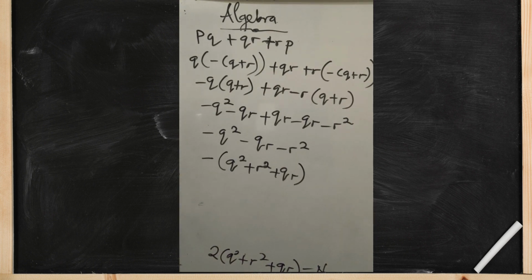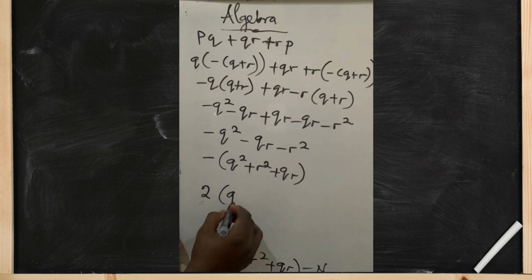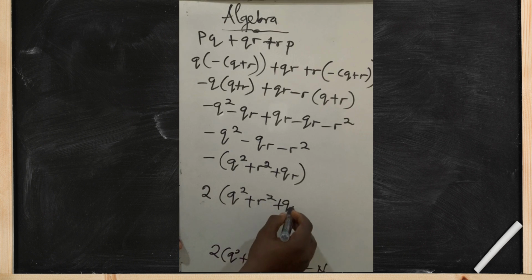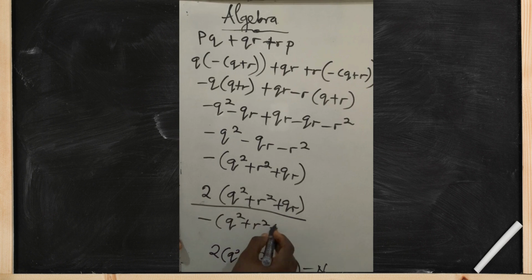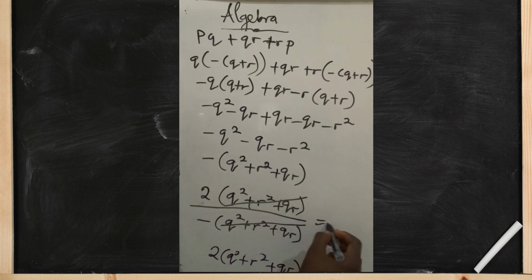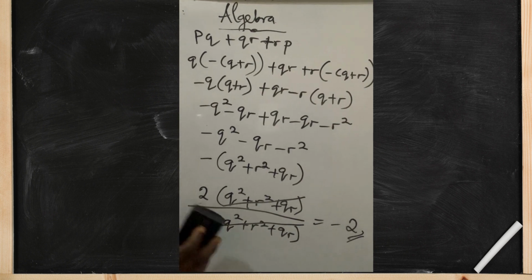Now, in order to finalize on this request, we'll have 2 Q square plus R square plus QR as the numerator. Then we have minus Q square plus R square plus QR as the denominator. This cancels this out. Then the final answer to the question is minus 2. So that gives us the answer to the question, minus 2.